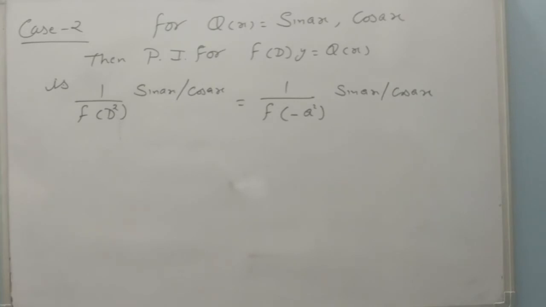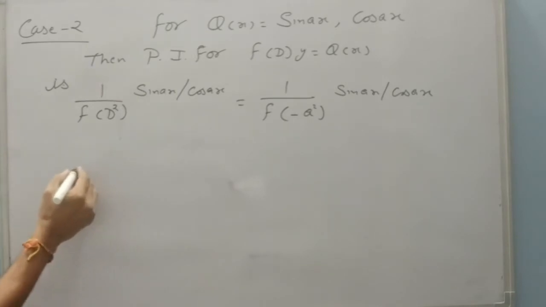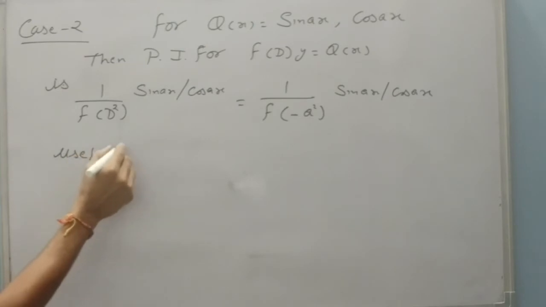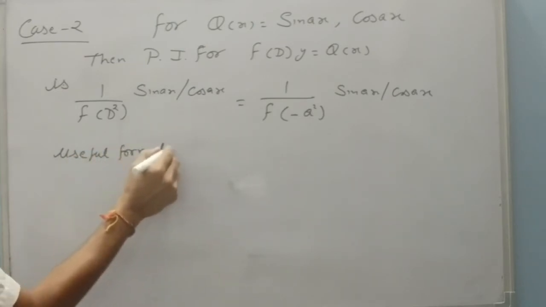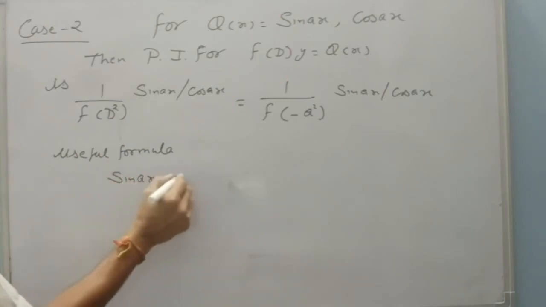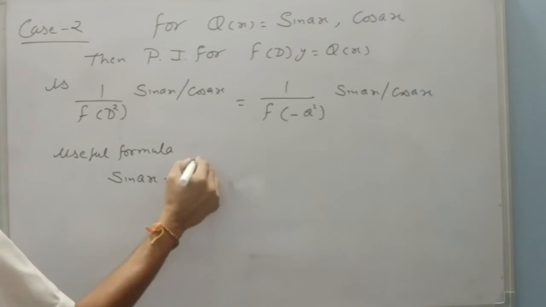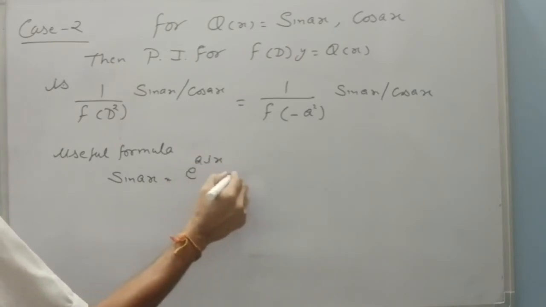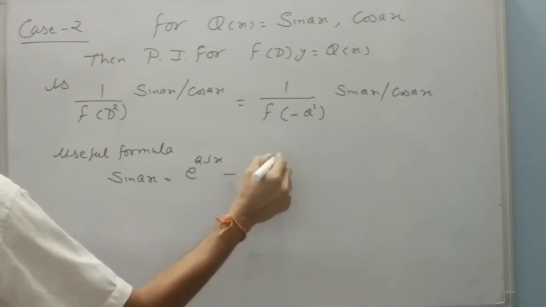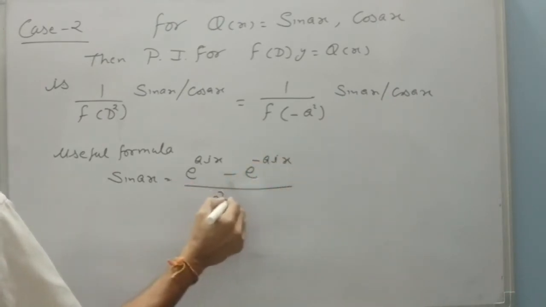Let us do a simple example. For doing the example, I would like to write some basic formulas. We have already learnt about them. We know that sin ax is always equal to e to the power a iota x minus e to the power minus a iota x upon 2 iota.